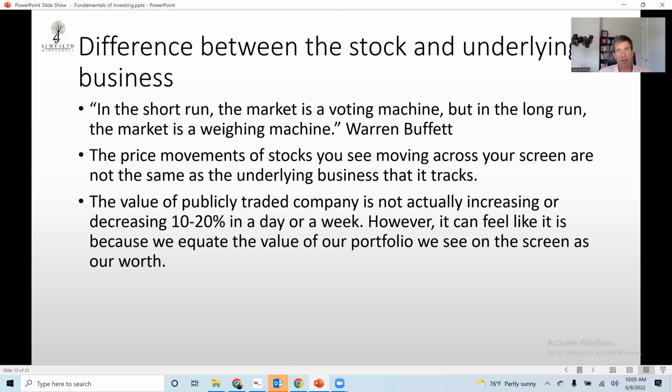But clearly, for a business, especially a multi-billion-dollar business, just think to yourself, does it make sense that this business would be increasing or decreasing 10, 20% in value over the period of a day or a week or a month? Possibly in some circumstances, but unlikely in aggregate that's really happening. It's pretty absurd when you think about it.